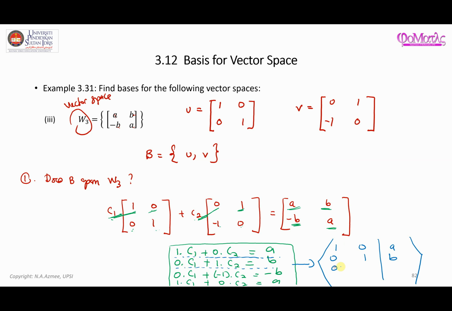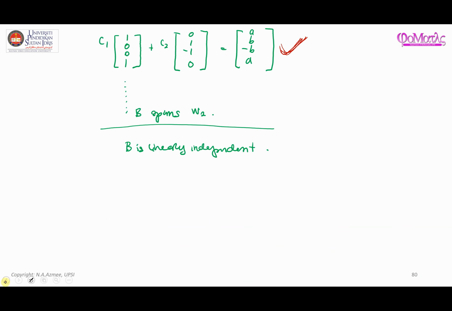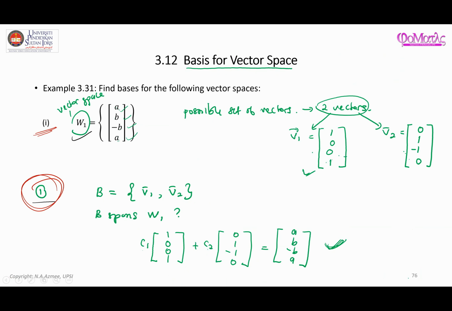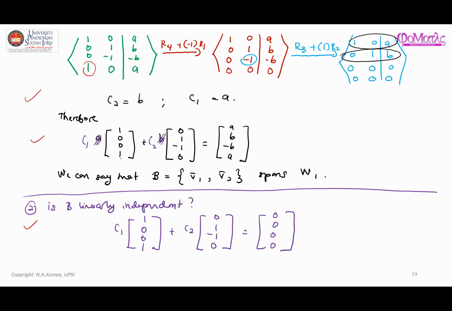And then here we have 0, negative 1, negative B. And here we have 1, 0, A. Now, I'm sure that you can see what we've got here is similar to the starting point of this example, the first example that we've discussed. So it's similar to this.